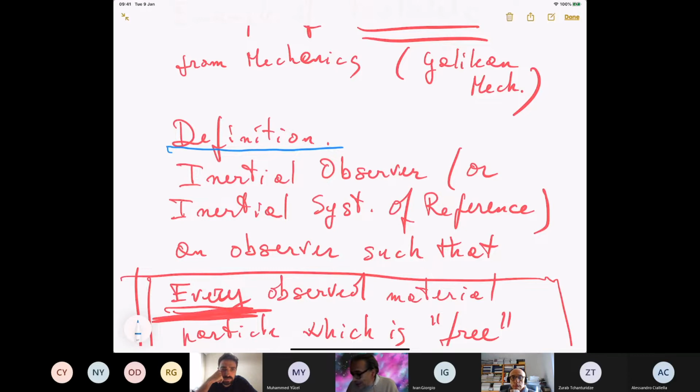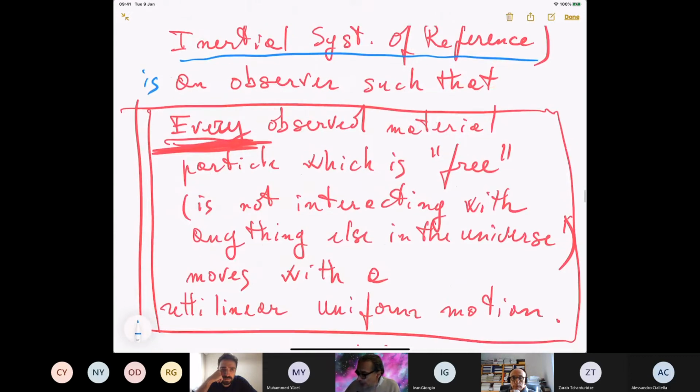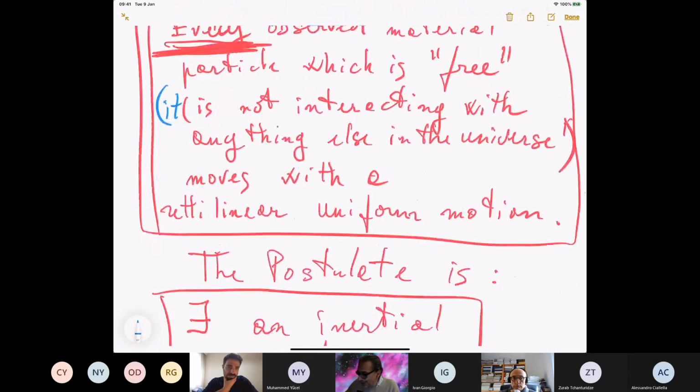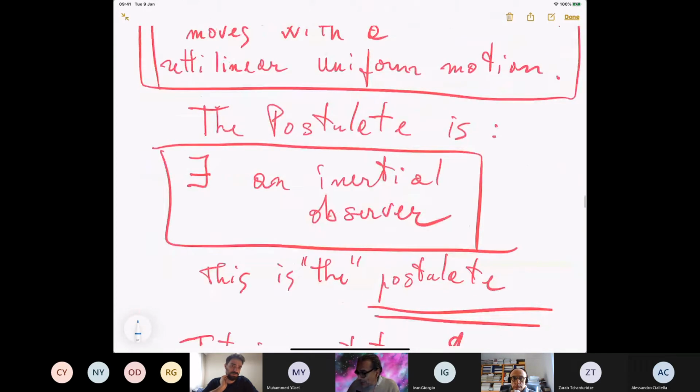Okay, if you define inertial observer or inertial system of reference as an observer such that every observed material particle which is free, means it is not interacting with anything else in the universe, moves with a rectilinear uniform motion. This is a definition, so it is not yet a postulate. However, the postulate is there exists an inertial observer.